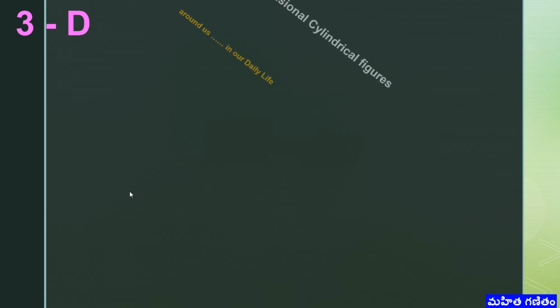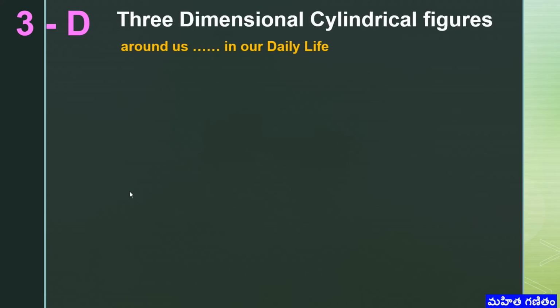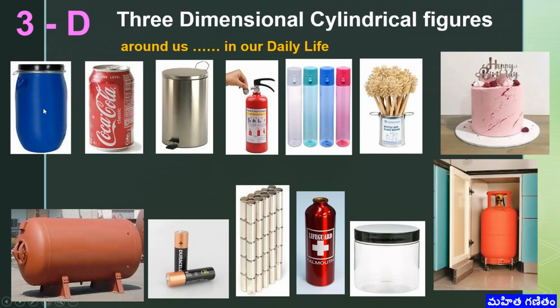What are 3D figures of cylinder types? Three-dimensional cylindrical figures around us in our daily life: water can, cool drink, dustbin, spray, bottles, pen stand, birthday cake, etc. All these are cylindrical shapes.